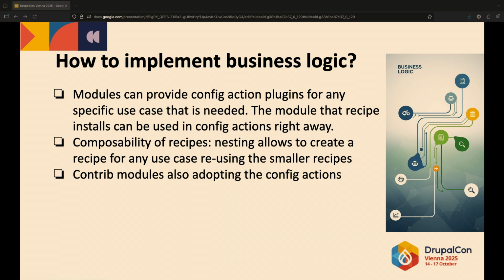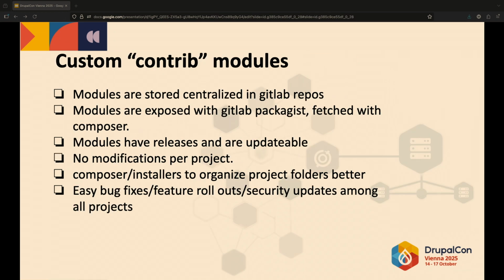Because of the composability of recipes, you can combine recipes in any order, so your business logic can be solved already on this stage also. And of course, a lot of contrib modules already adopt the config actions. Like I said, search API has a lot of config actions, and another module has a lot of config actions already. But of course, still you need some custom modules to cover the business logic.